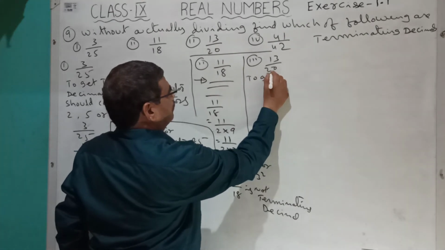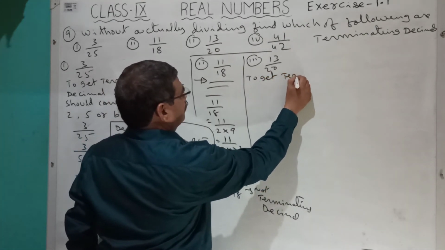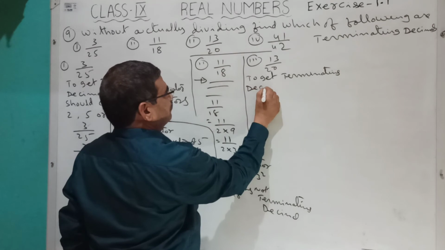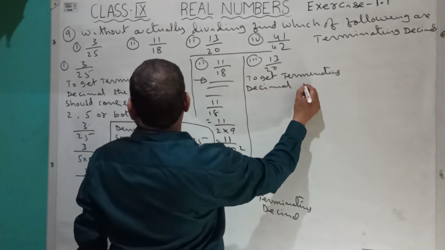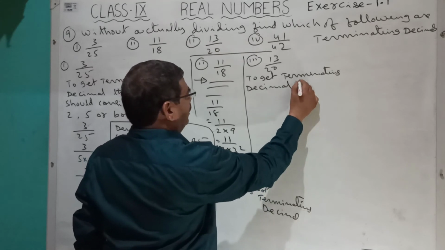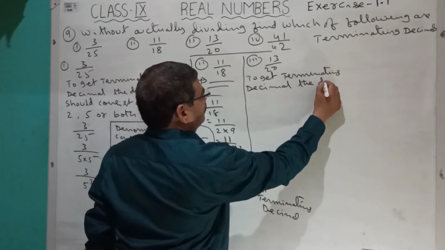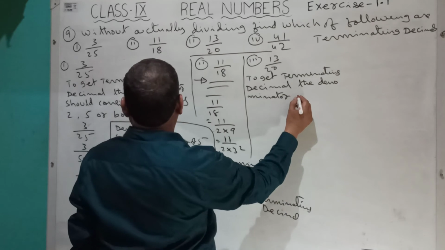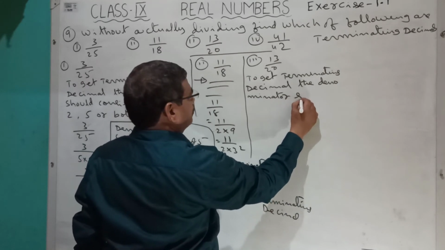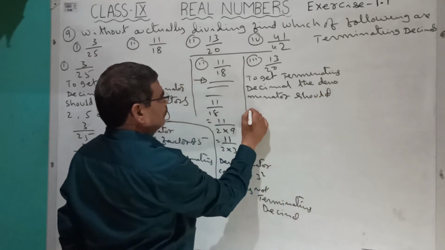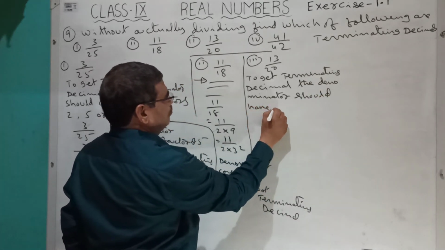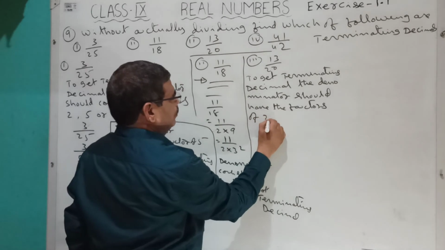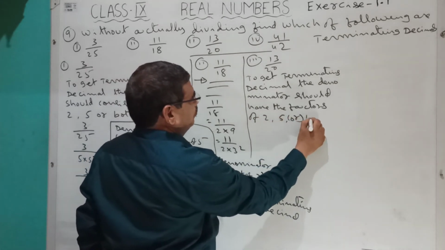To get a terminating decimal, the denominator should have factors of 2, 5 or both.